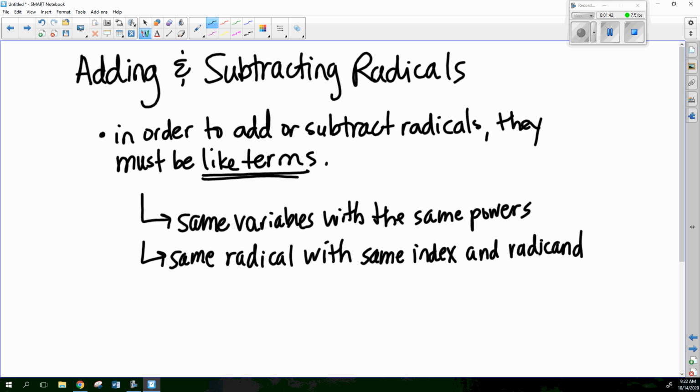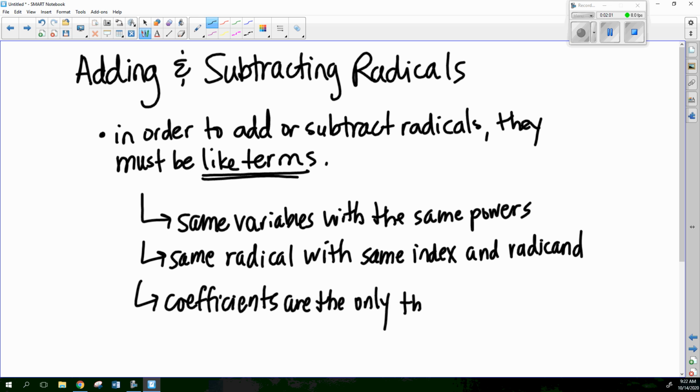That means the stuff underneath has to match. Okay? So then what can be different? The coefficients, those are the numbers in front. The coefficients are the only thing that can be different.